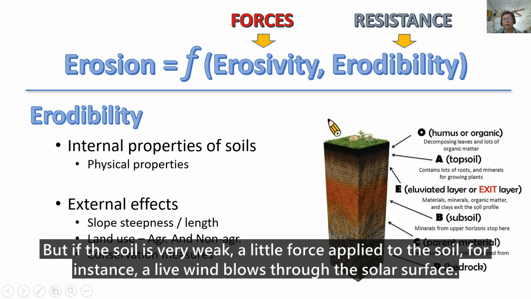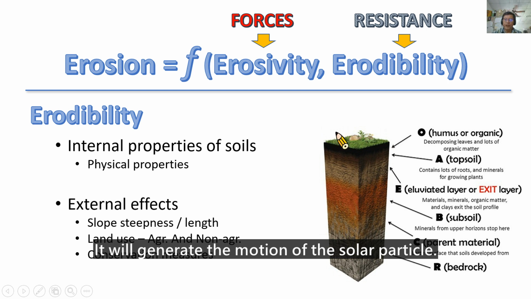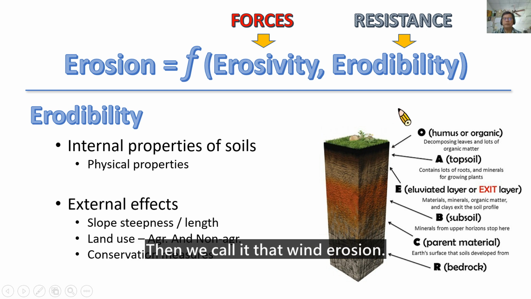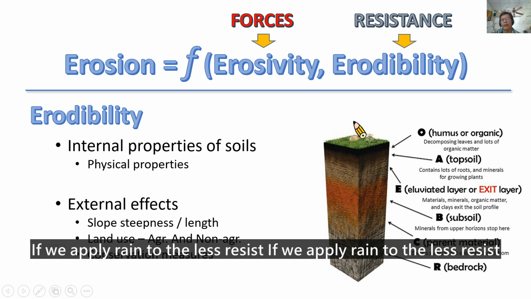But if the soil is very weak, a little force, for instance a light wind blowing through the soil surface, will generate motion of the soil particles. Then we call that wind erosion. If we apply rain to the less resistant soil, then water erosion will occur rapidly.